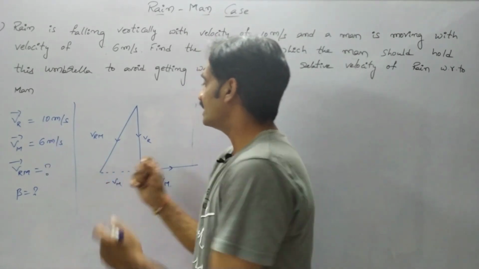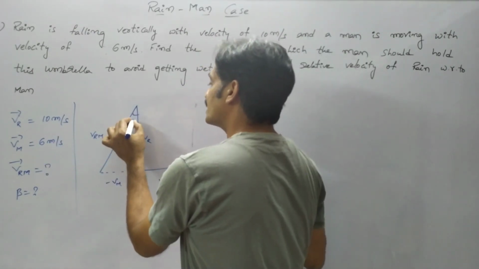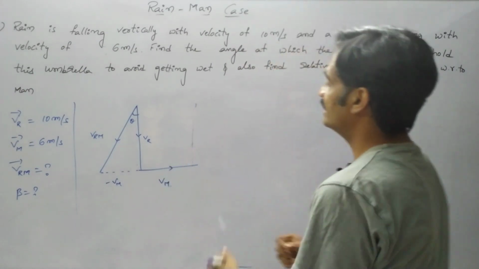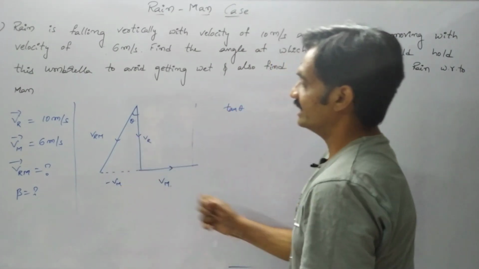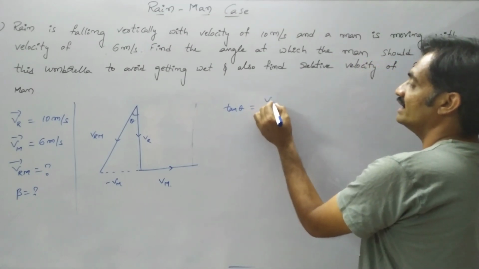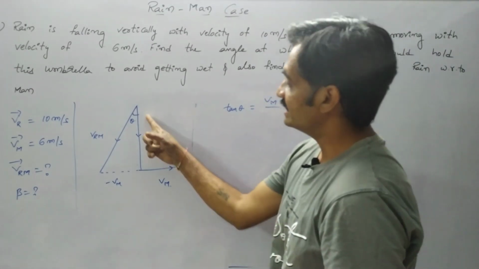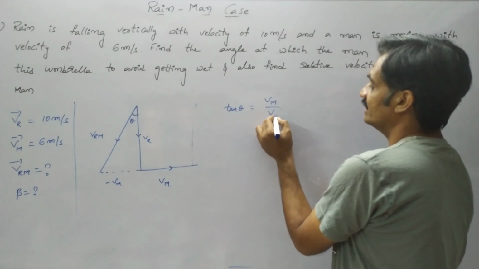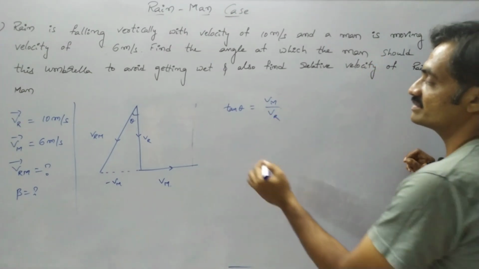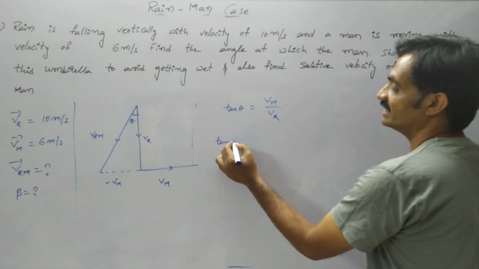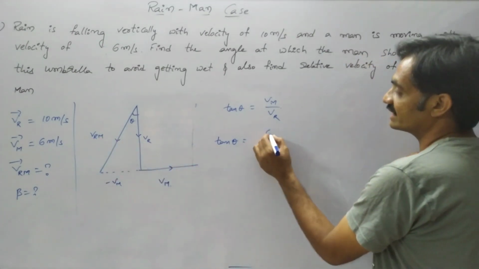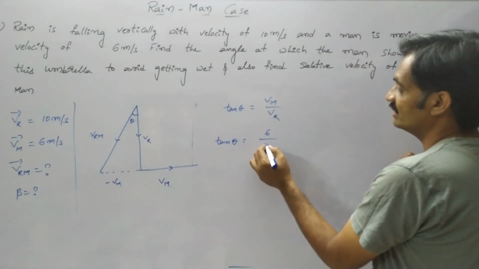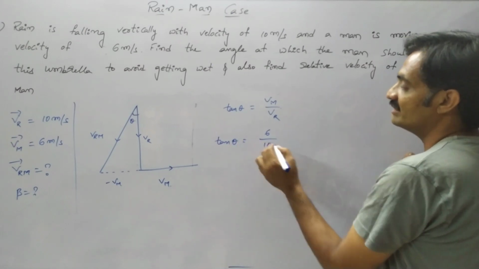As you observe, let us consider the angle at this position as theta, where tan theta is equal to the opposite side, the velocity of the man, by the adjacent side, the velocity of the rain. Substituting, tan theta is equal to 6 meter per second by 10 meter per second.